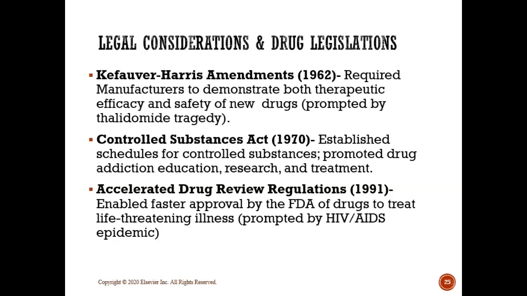Now, in 1991, they established the Accelerated Drug Review Regulations, where if there's, let's say, a medication that's under review, or even an investigational one, they accelerate the process because it's a drug intended to treat something that's life-threatening.